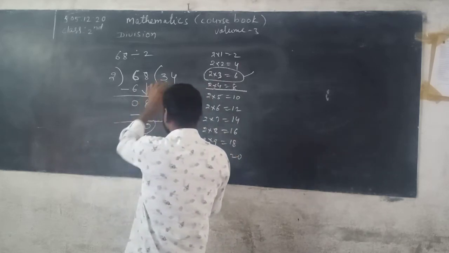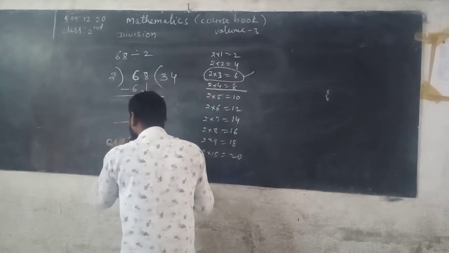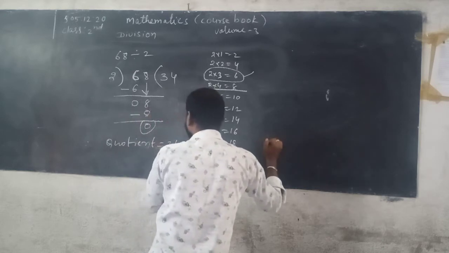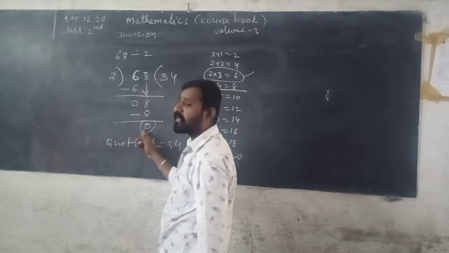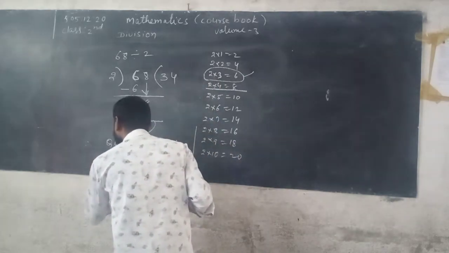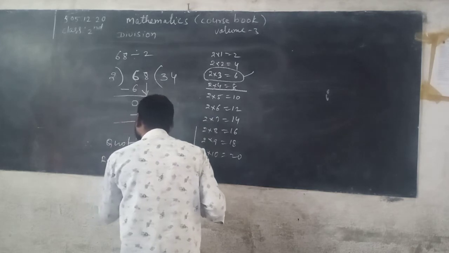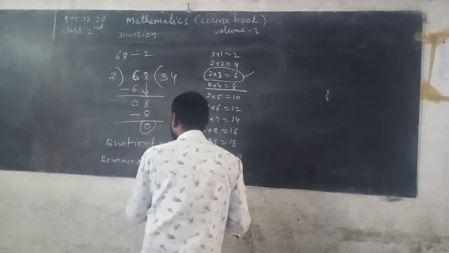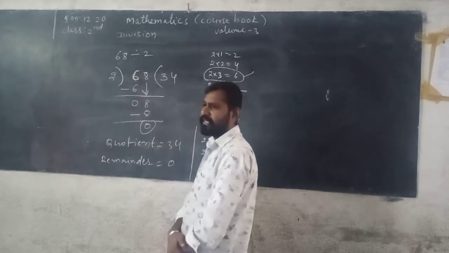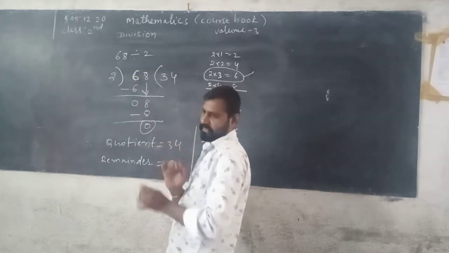Therefore quotient is equal to 34. Remainder is equal to 0. Stop here because after 8 there is no number in the dividend, so you can stop.